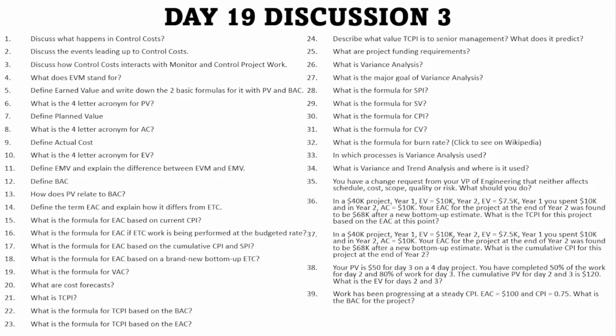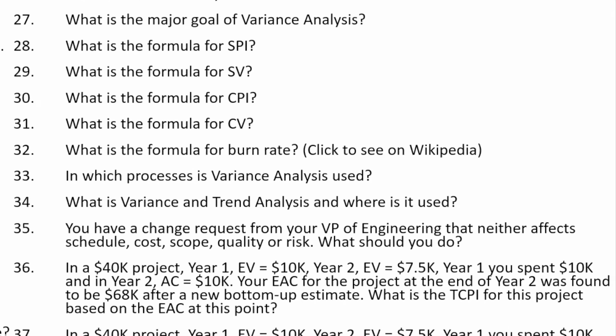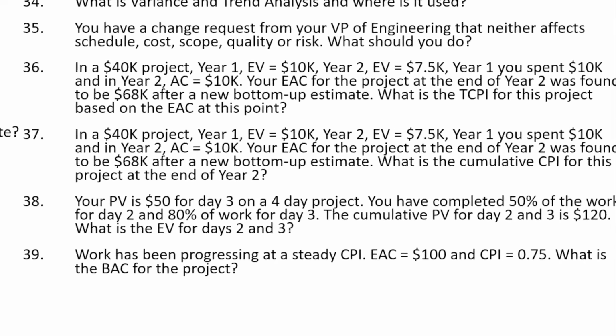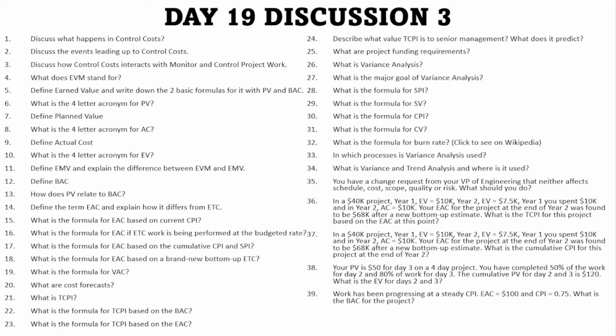All right, you just never know when you're going to need this stuff. So browse through the TCPI. It's really work remaining divided by funds remaining. No, ETC is just the estimate to complete. And no, EAC is estimate at completion. It's a forecast. ETC and EAC are just forecasts.